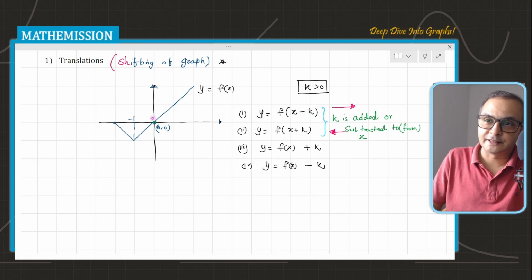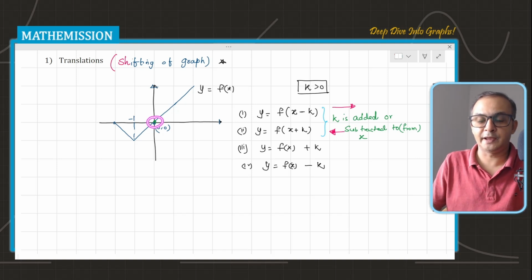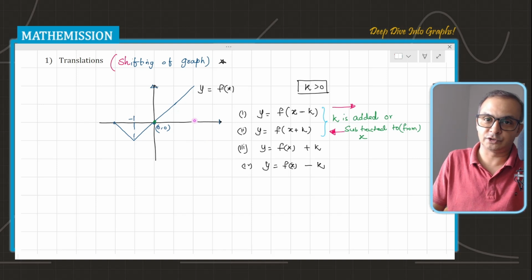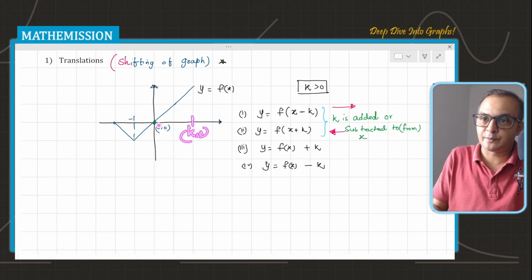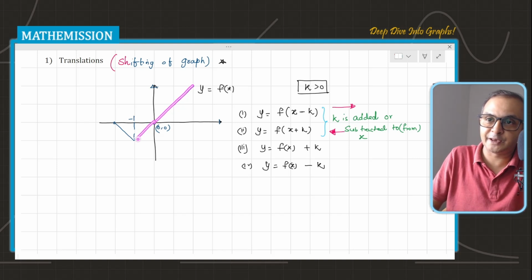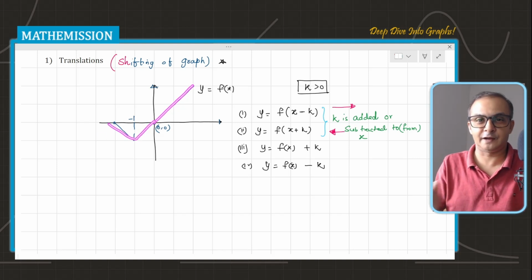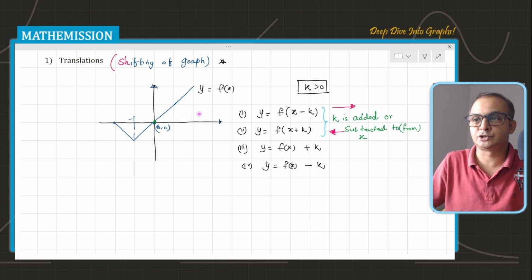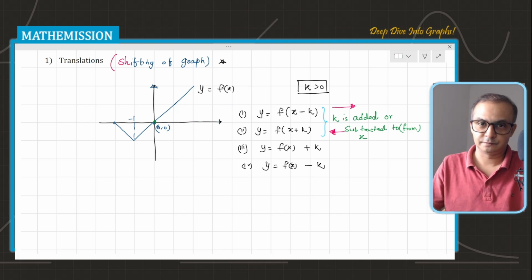It means this kind of behavior will be exhibited by the new function at x equals k, means at k comma 0. It means this point will be shifted to k. But the similar kind of behavior will be shown by each part of the graph, or each point on the graph. Therefore the entire graph will be shifted k unit rightward.